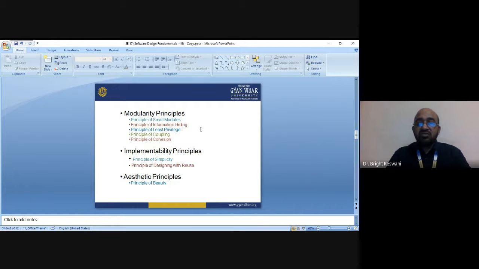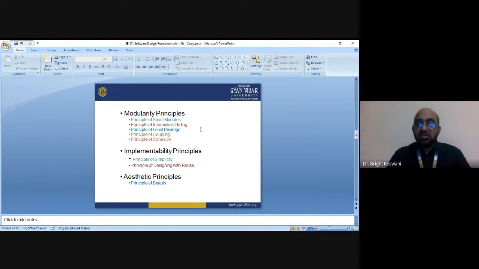When you minimize the relationship or the dependency between two modules, you will make your software higher quality, stronger, more acceptable, and simpler.